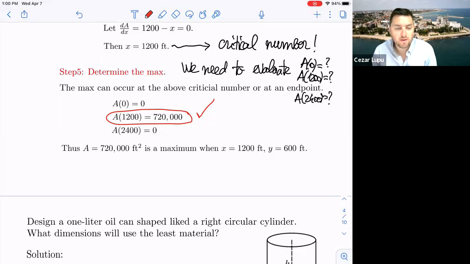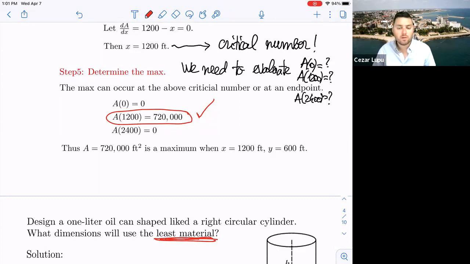What are the dimensions that will use the least material? So when we hear about the least material, you're wondering, maybe it's a minimum of a function, right? But we would like to see what kind of function. So what are we interested in?